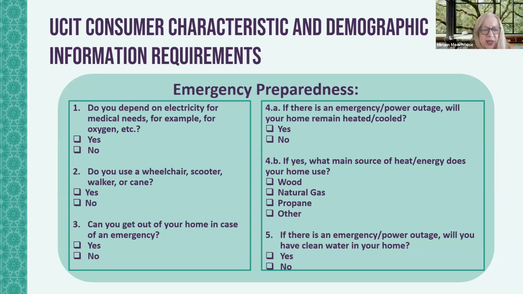What is your main source of heat or energy does your home use, so that we know what's going on with you? And we ask about clean water. So the basic services that you need, we're trying to find out so that if you are without something or need help, we'll be able to support you in providing that service.